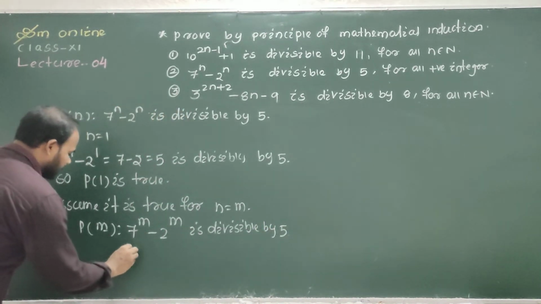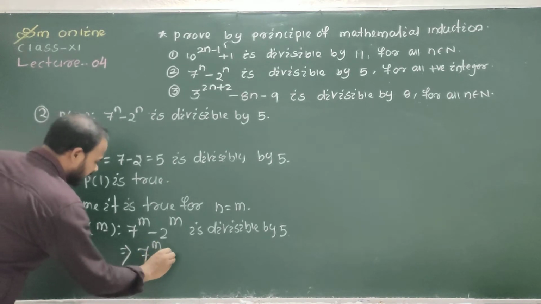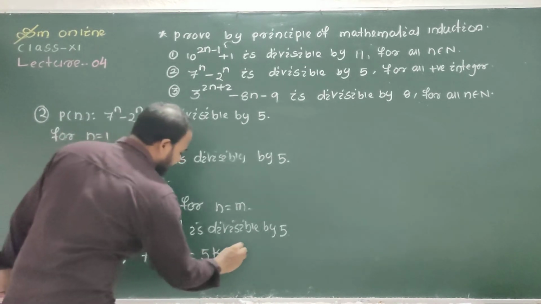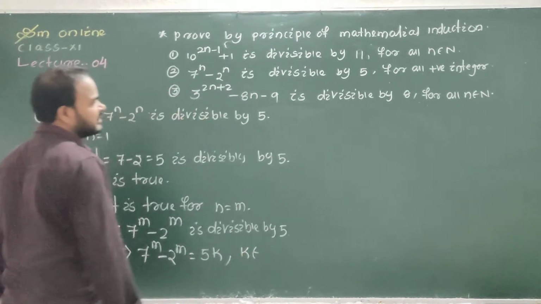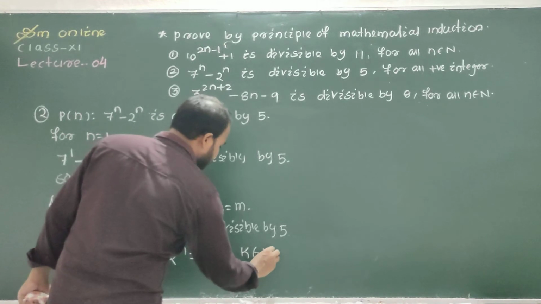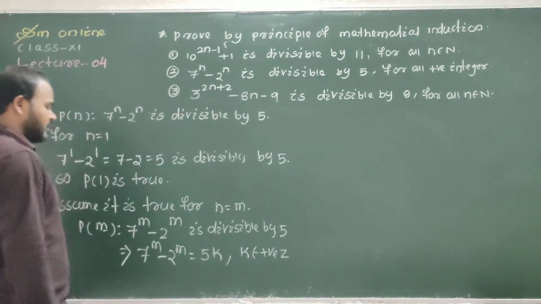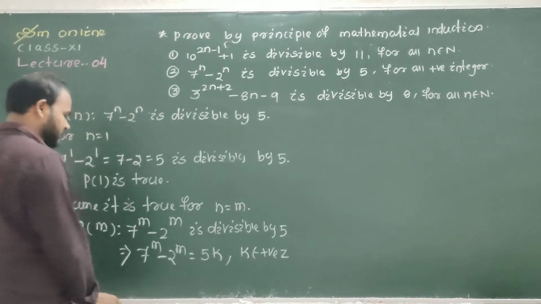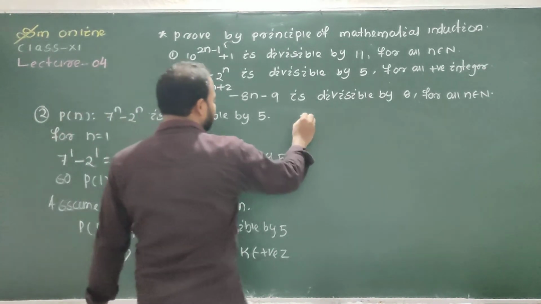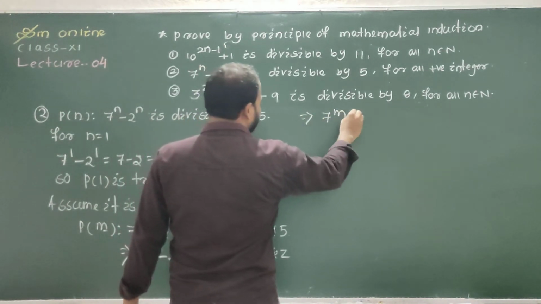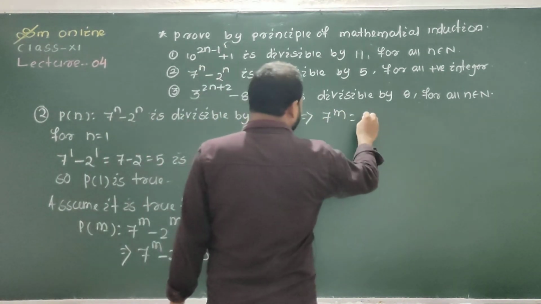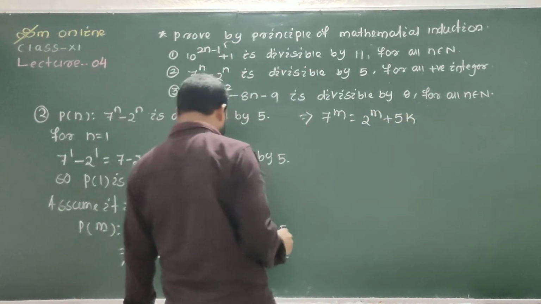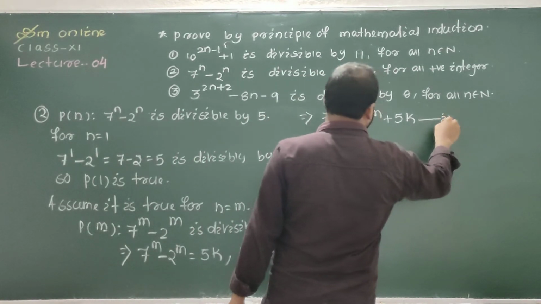So we can write, implies that 7 to the power m minus 2 to the power m equal to 5 into k, where k belongs to positive integer. Now 7 to the power m is equal to 2 to the power m plus 5k. This is equation first.